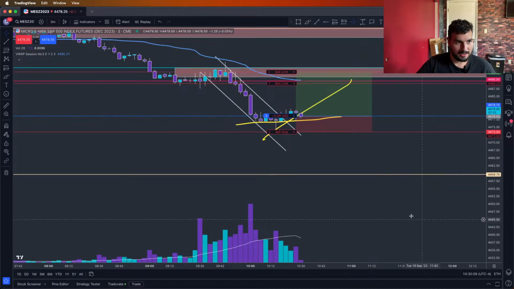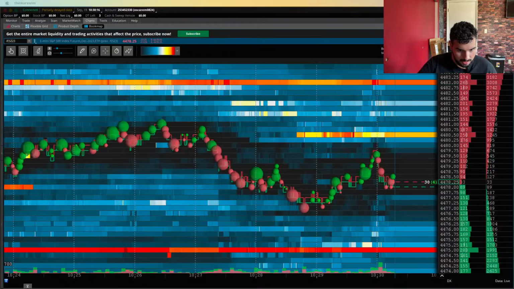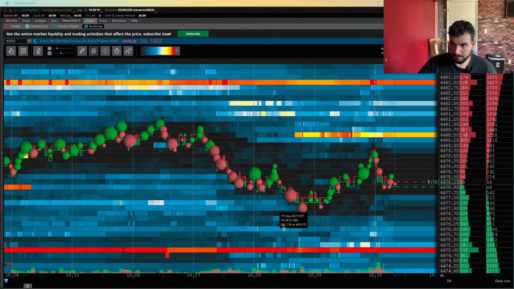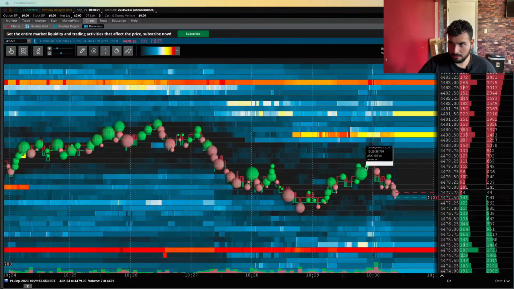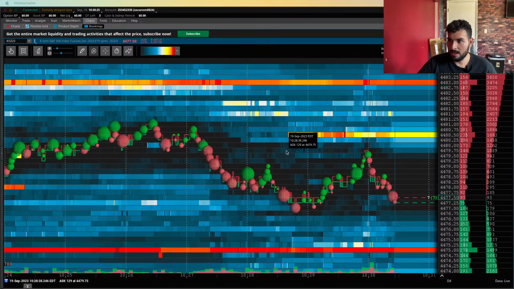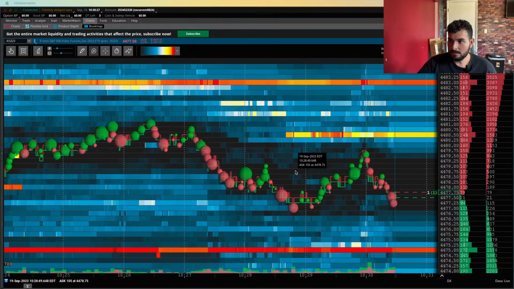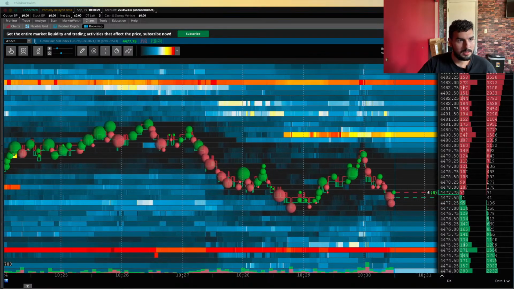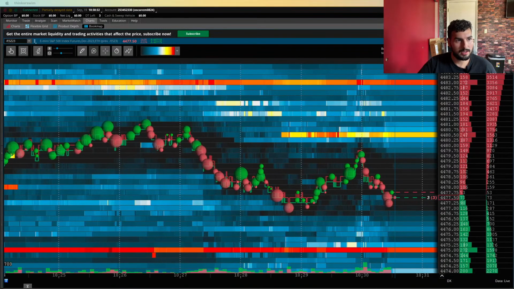Let me go show you guys the book map here. So we saw this aggressive buying come in. It's kind of getting taken out all over again. So I have my order set.